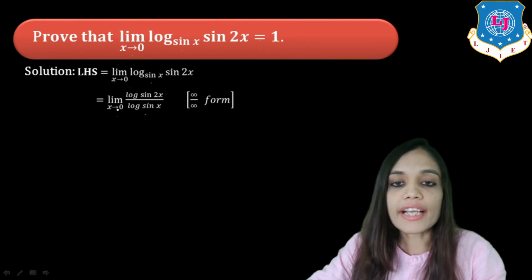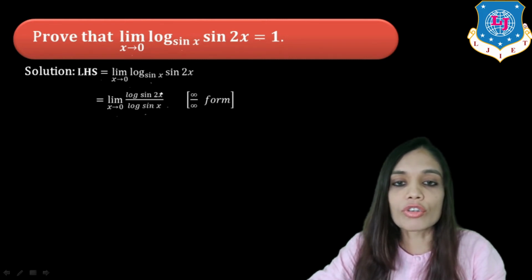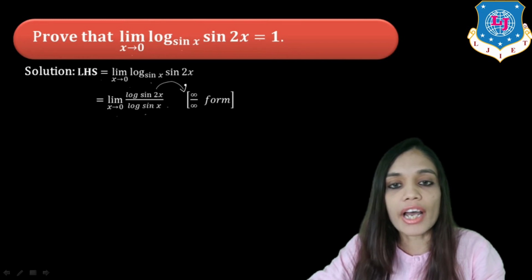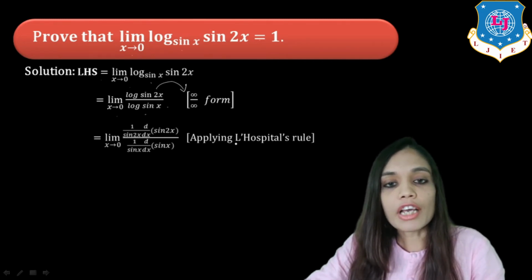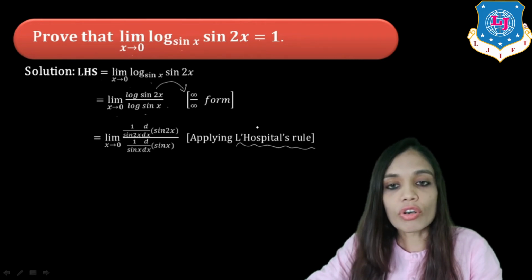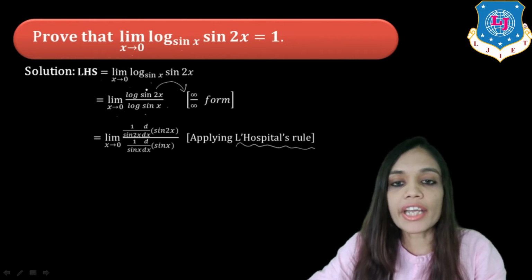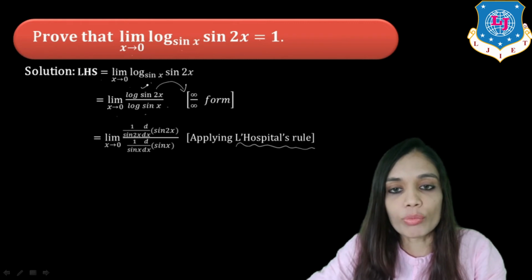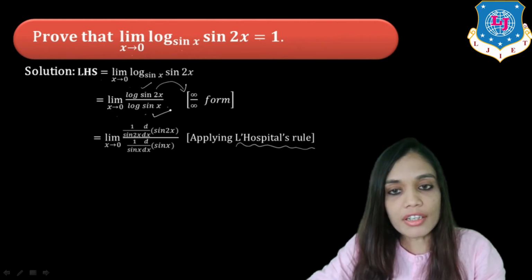Now if you put x is equal to 0, we will get log 0 upon log 0. That will give us infinity by infinity form. So again which rule will we apply? L'Hopital's rule. So on applying it, we will simplify it by doing the derivative of numerator and denominator separately.